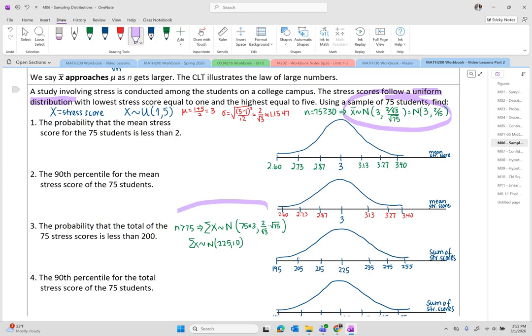And the sums will also follow a normal distribution because the sample size is greater than or equal to 30. The mean of that will be mu times n, so 3 times 75, and the standard deviation will be the standard deviation of the variable times the square root of n, so 2 over the square root of 3 times the square root of 75. This comes out to be 225 for the mean and 10 for the standard deviation of the sums.